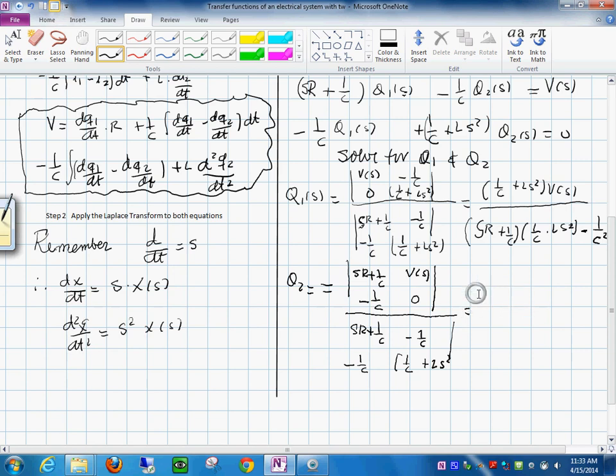So you go over here, this is 0, then you have V of S times minus 1 over C, and then on this you're gonna have S times R plus 1 over C multiplied by 1 over C plus LS squared, minus 1 over C squared.